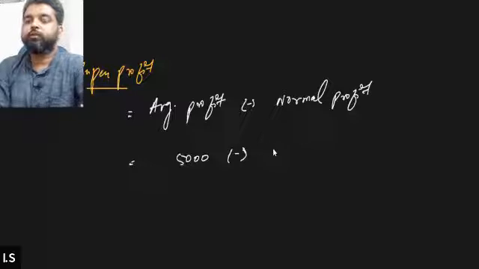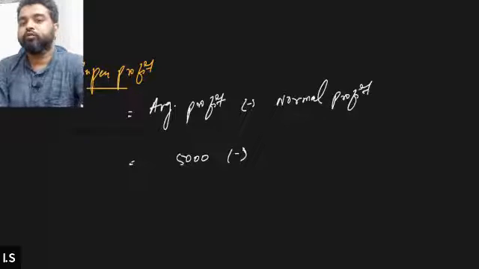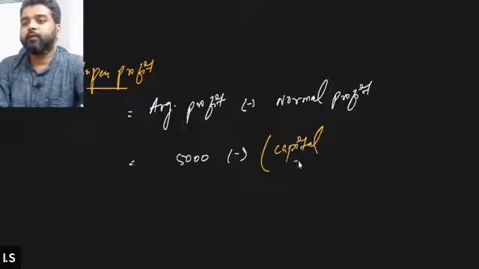Since the normal profit is not directly given in the question, to find out the normal profit, what we will do is multiply the capital employed with the rate of return.